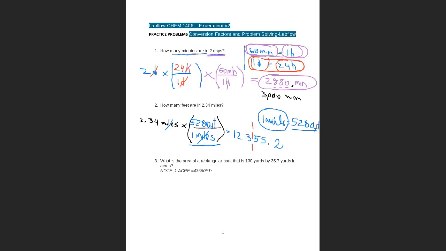Because the 5 is 5 or greater, I have to round up. What would be my answer for this problem? Somebody can message me. 124. That is close. Why is it not right? If you say 124, you are cutting the number of digits to the left of the decimal point.